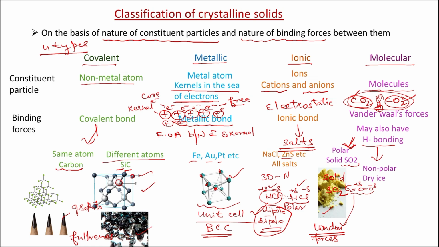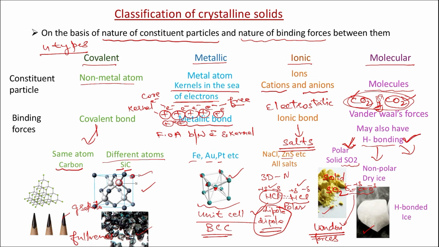And dry ice, that is carbon dioxide in the solid form, looks like this. Okay, it is generally also available in packed form. You can also purchase it. Now the third form, where we have a molecular solid, along with van der Waals forces, what else is present? Hydrogen bonding.